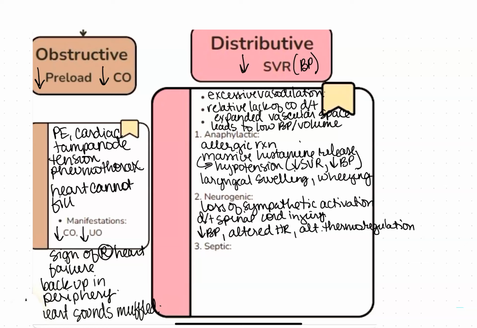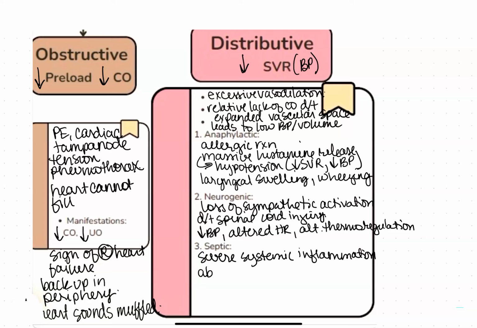The last is septic shock, and this is probably the most common type of distributive shock seen in the hospital setting. In septic shock, there is severe systemic inflammation. And this severe systemic inflammation leads to an abnormal distribution of blood in the body.